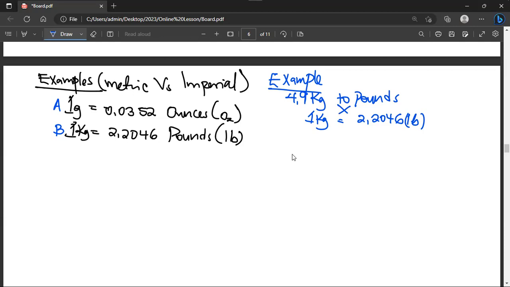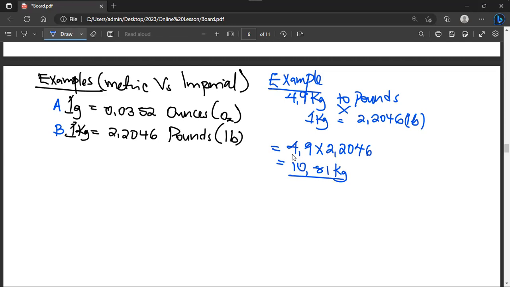Remember, put the units on the same side. So this will become 4.9 times 2.2046, which becomes 10.81 kg.